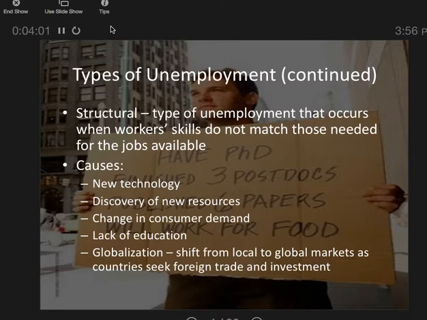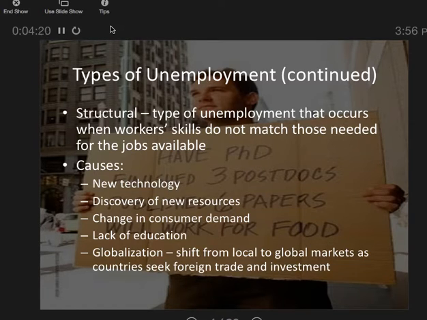Lack of education, of course, is always a big risk as well. That's why education is pushed so hard, because we don't want students, individuals, or citizens to have a lack of education that's keeping them from getting a job.